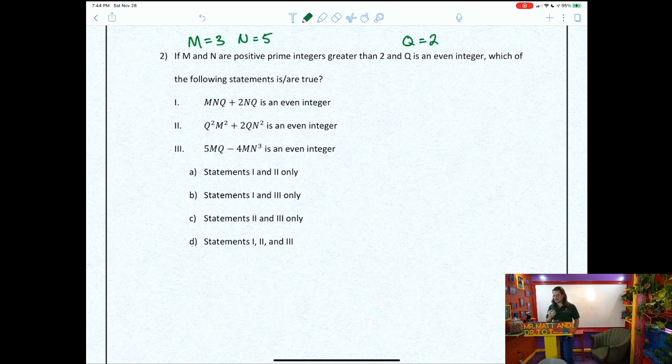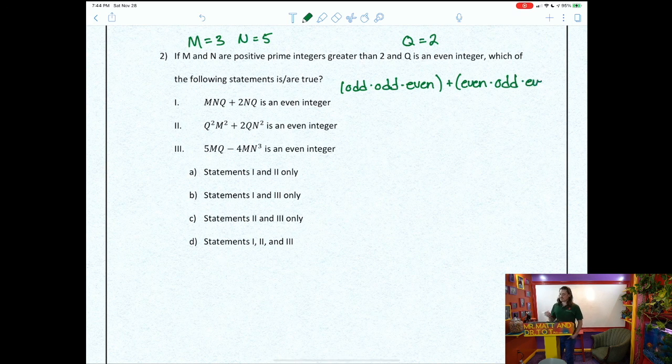But thinking about these conceptually, m times n times q is going to be an odd times an odd times an even, plus 2, which is an even, times n, which is an odd, times q, which is an even. An odd times an odd is odd, an odd times an even is even. An even times an odd is even, and that even times another even is still even.